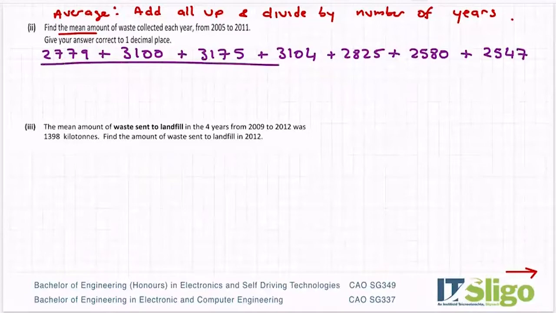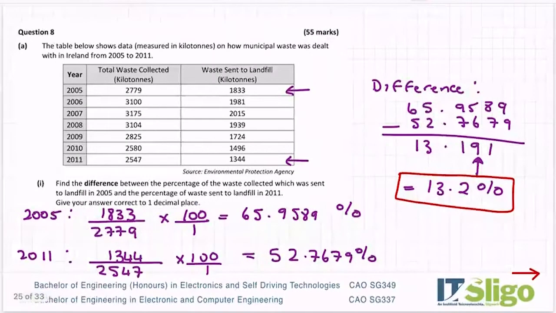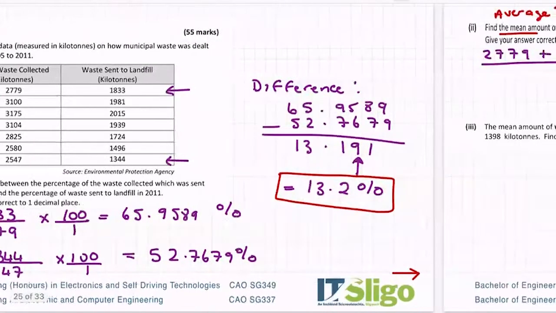And we divide that by the number of numbers. So 1, 2, 3, 4, 5, 6, 7.